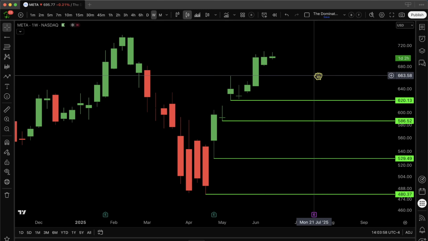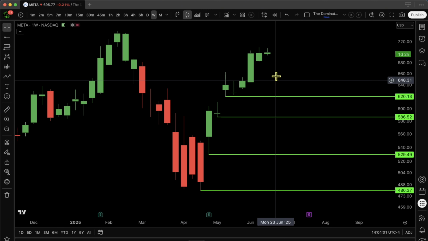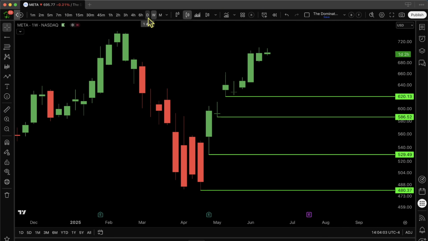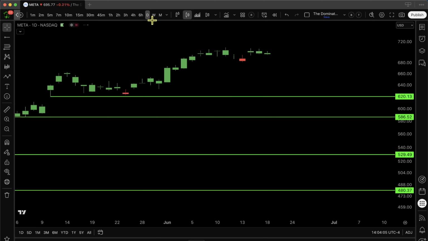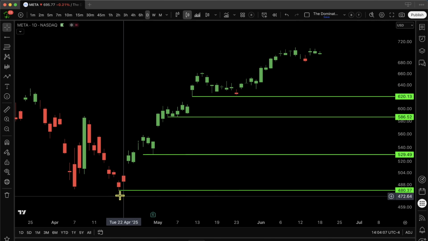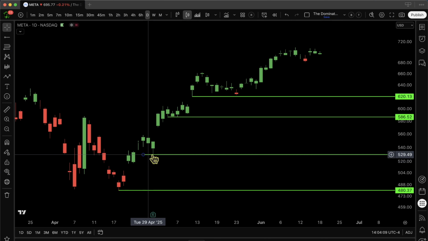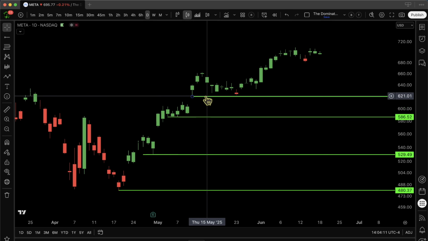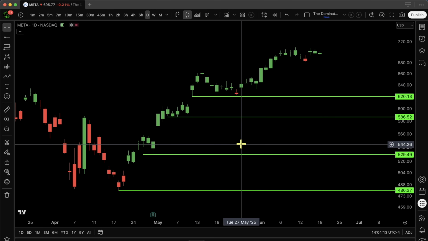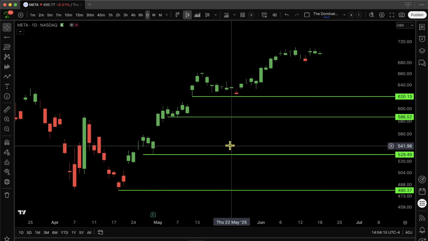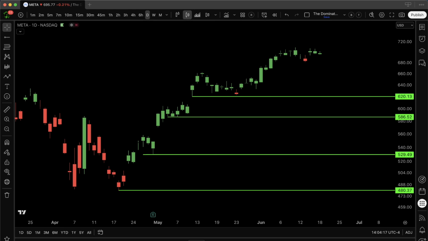Now, I have a few marked off here, and check this out. If I go over to the daily, guess what happens? It literally matches up almost perfectly with every support area that I have on the weekly.